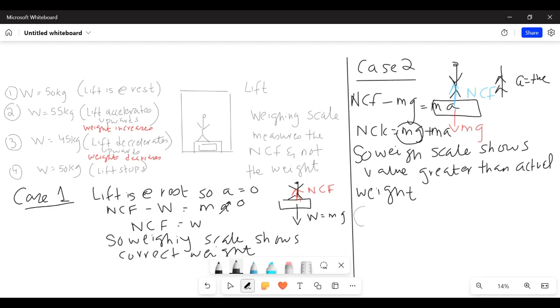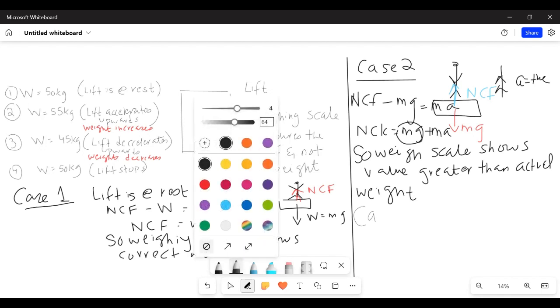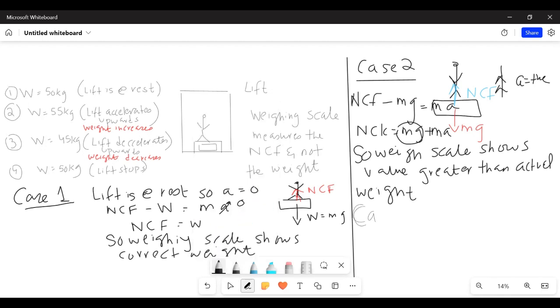Case 3 is that the lift now begins to slow down. So it decelerates. So now the acceleration is going to be negative because the lift is slowing down.